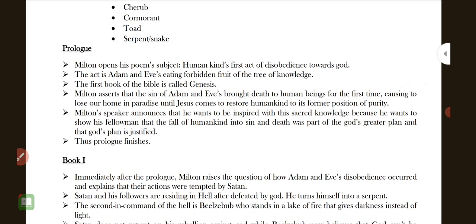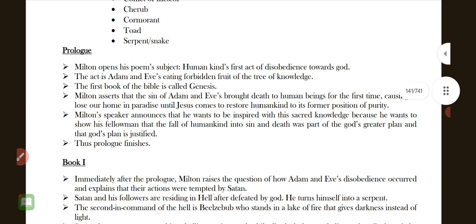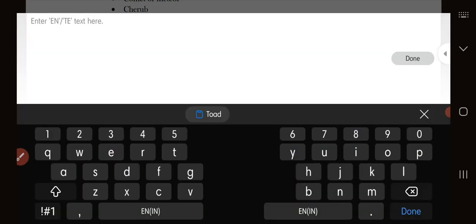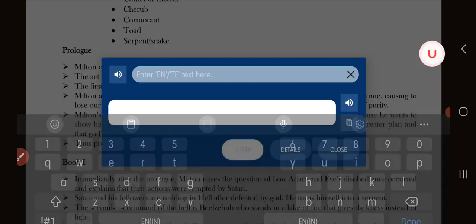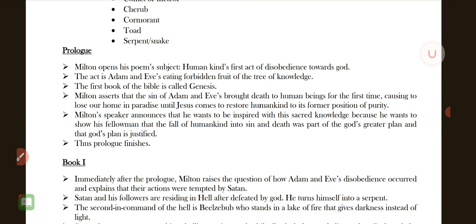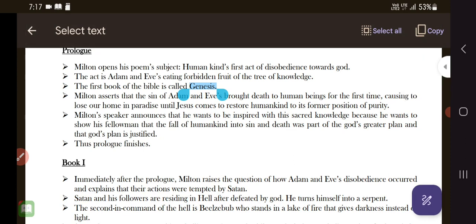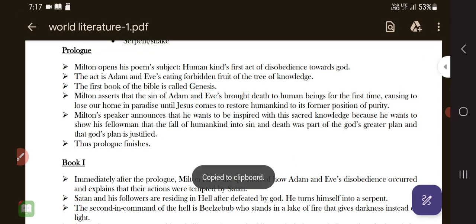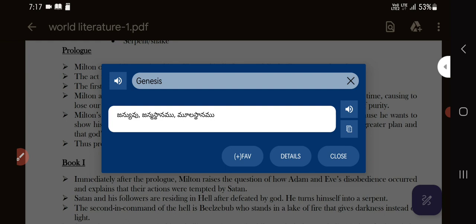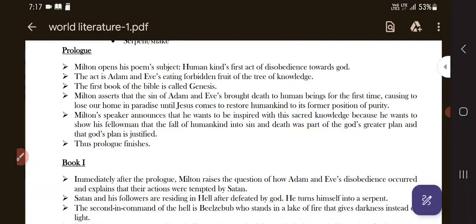Genesis is known as a place where something is born.